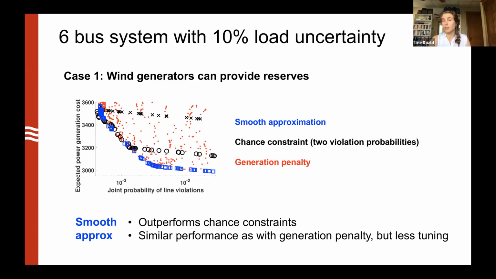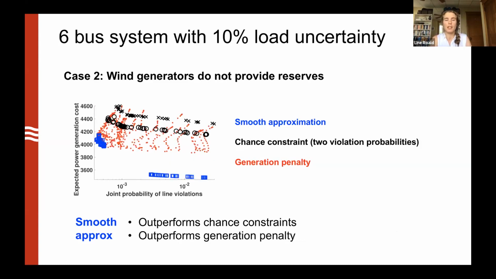So in the case where wind generators can provide reserves, this is what we see. If you look at the same system where wind generators do not provide reserves, but there is dispatchable generation, we see that there is actually a gap, and the smooth approximation is able to find solutions that both of the other problems are not able to find at all.